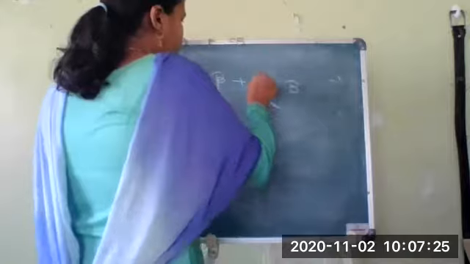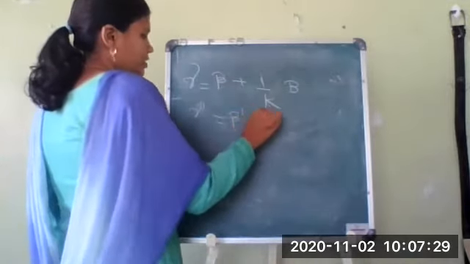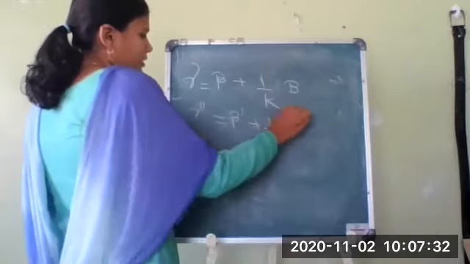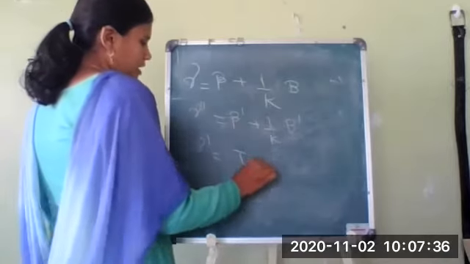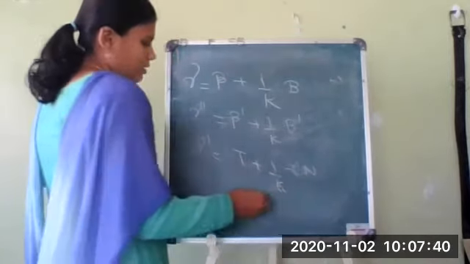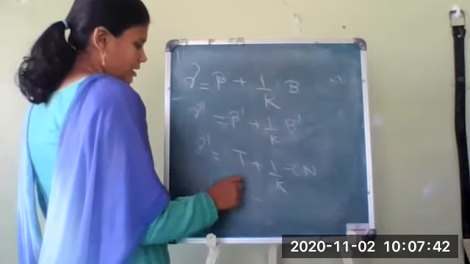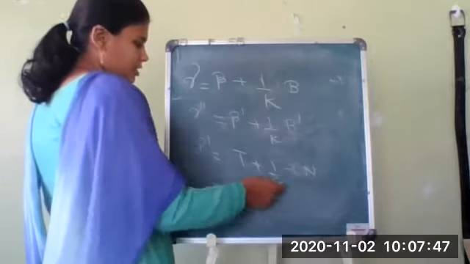Now instead of taking n, let me take b. What will happen if I take b, the binormal vector? Gamma dash is equal to beta dash plus 1 upon k. What is the derivative of binormal? b dash. So this will be t plus 1 upon k into b dash, which is minus tau n. Now if I take a norm on both sides, if tau is 0, this term will be 0.